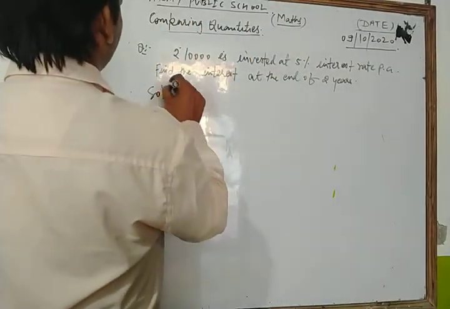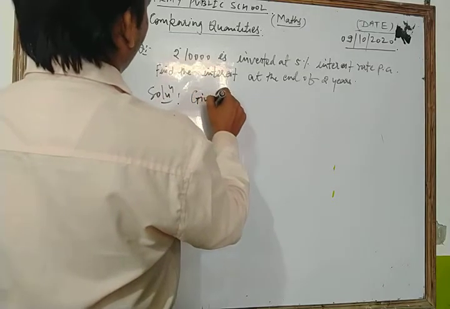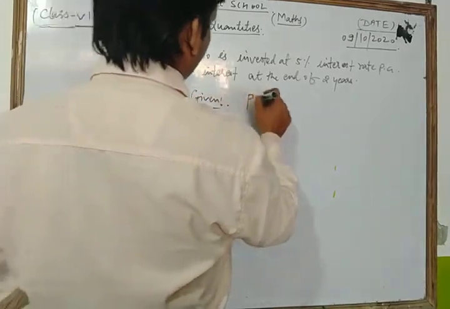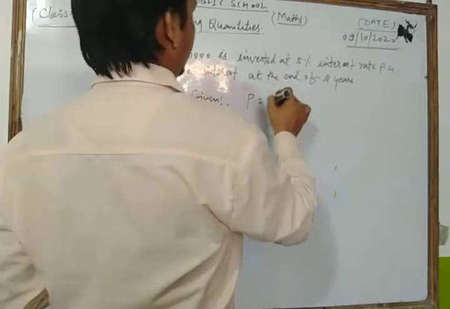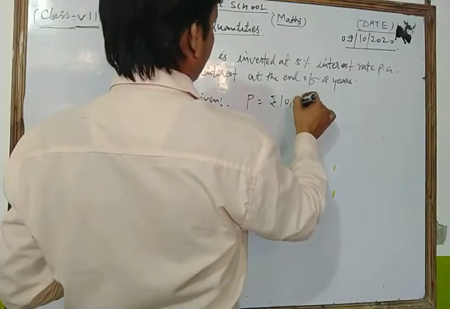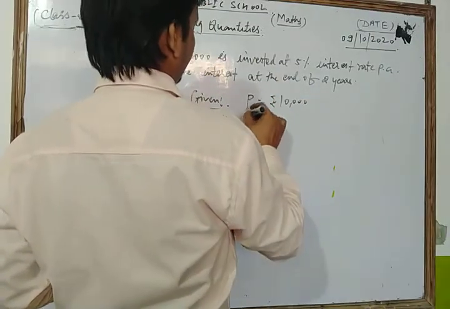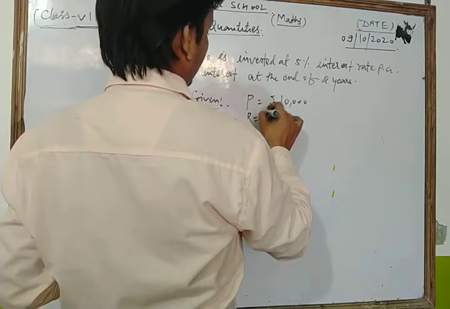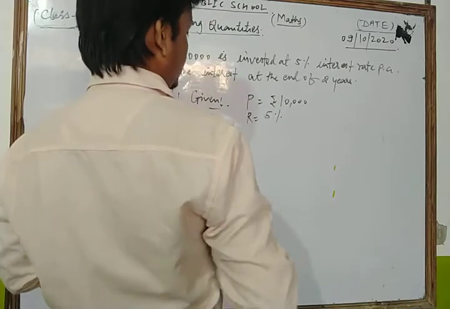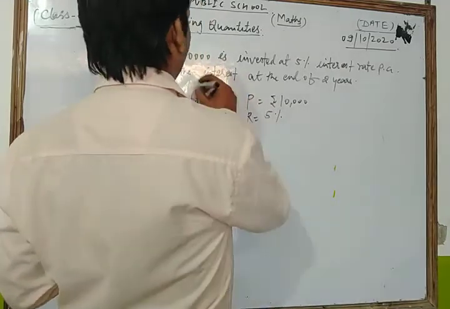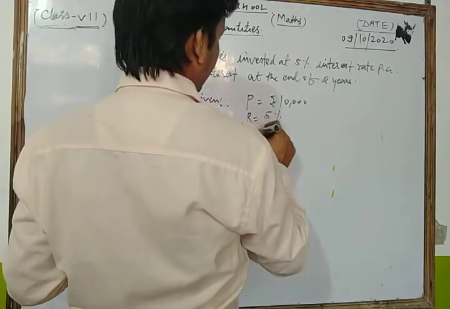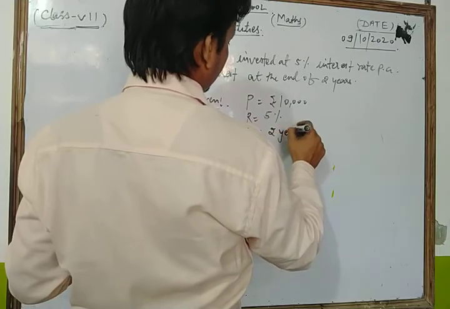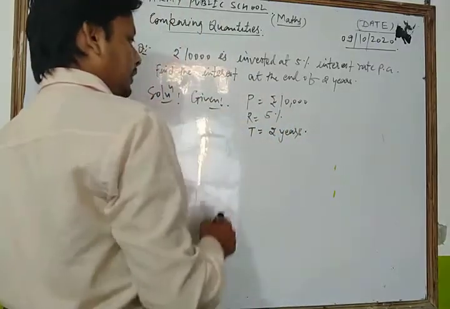First of all we write the given values. The principal amount of that question is rupees 10,000, and the rate of interest is 5%, and the time is 2 years.